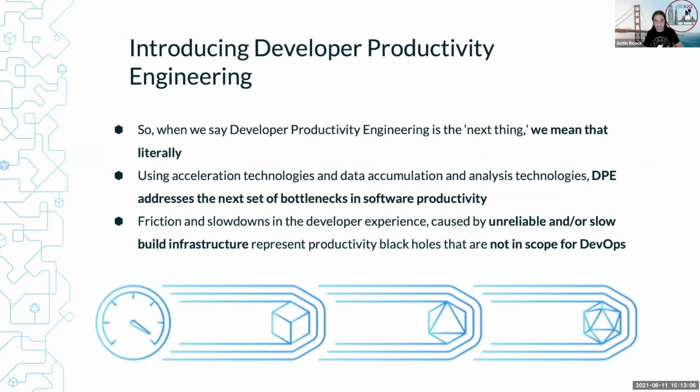So let's talk about that. Let's introduce the subject now that we've laid the groundwork a little bit. When we say developer productivity engineering is the next thing, we kind of mean this literally, right? What I mean by that is that this is the next set of bottlenecks to address after we've done, I think, a good job maturing DevOps strategies and things like that, right? And it's not to say that you have to wait on one.